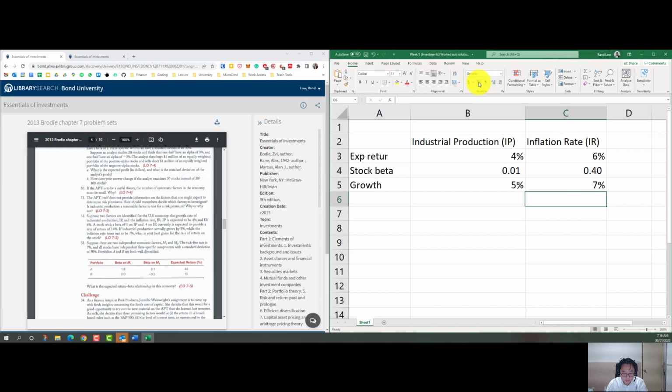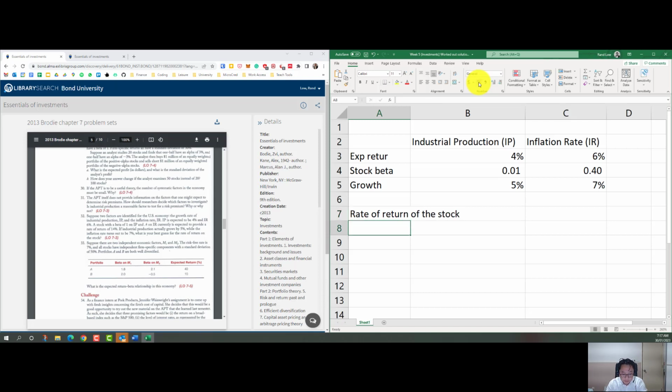What we have to find is the rate of return of the stock.